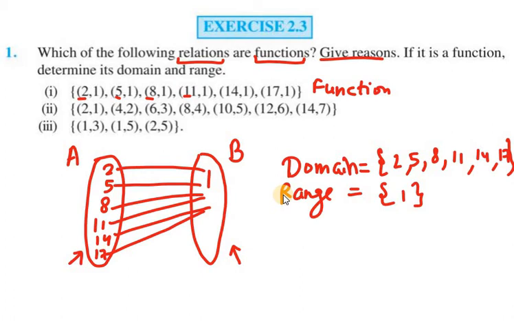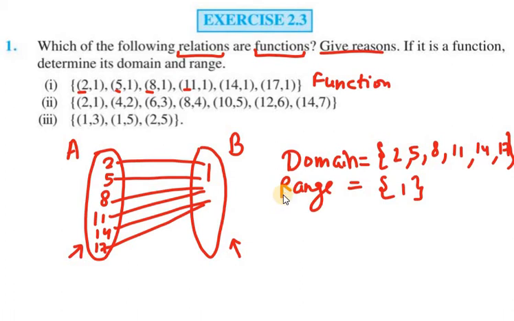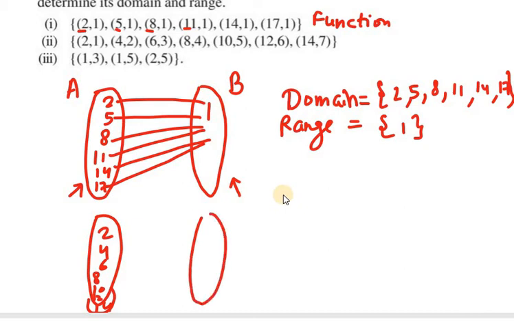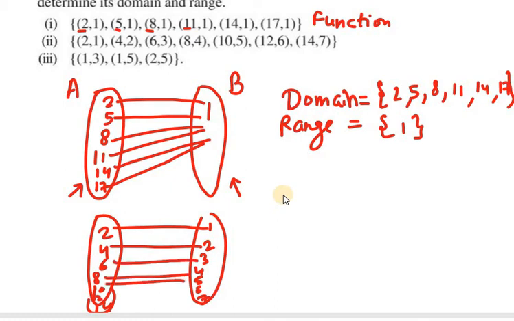Now the next one, the second part. The second part has X elements or the first elements as 2, 4, 6, 8, 10, 12, then we have 14. Then in the B part we have 1, 2, 3, 4, 5, 6, 7. So 2 with 1, 4 with 2, 6 with 3, 8 with 4, 10 with 5, 12 with 6 and 14 with 7.